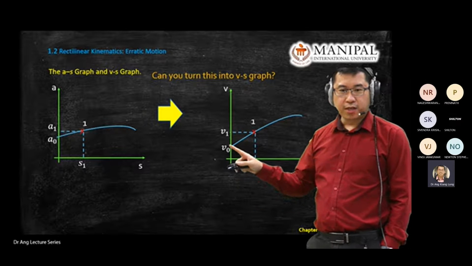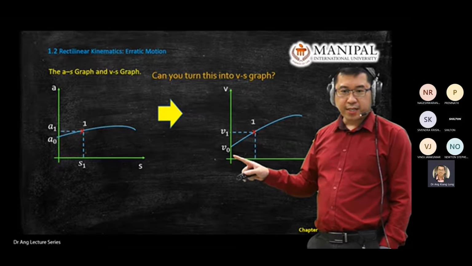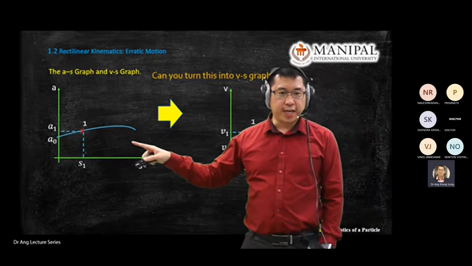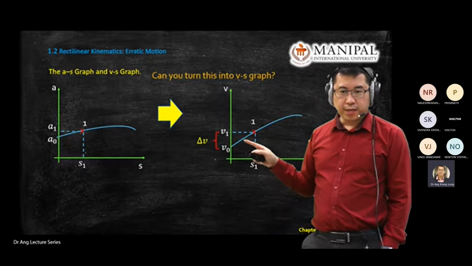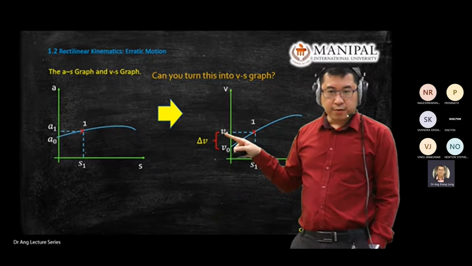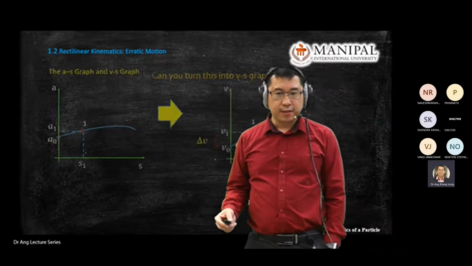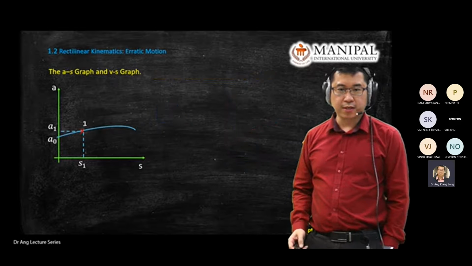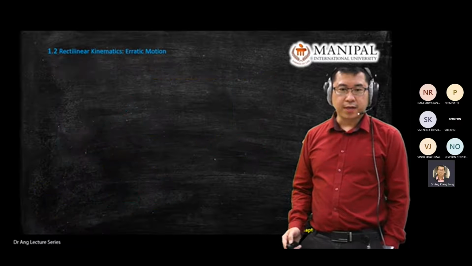So if you have a V that touches the y-axis at this point, it means initial, time 0. For the A versus S also the same. So from here, you can know that there's a delta V here. Let me see if I go too fast. Okay, correct.